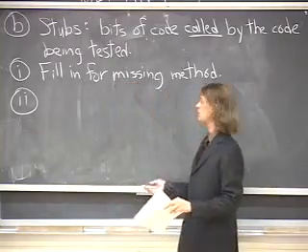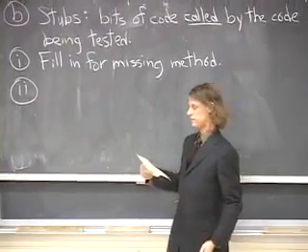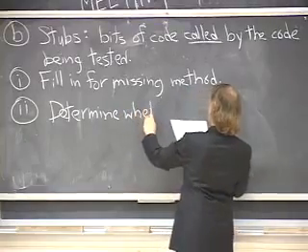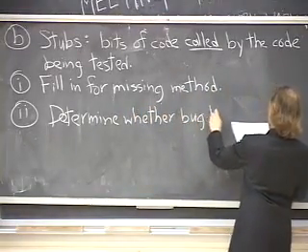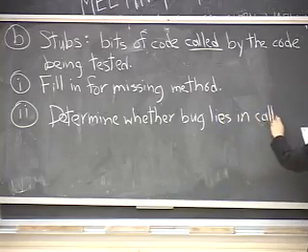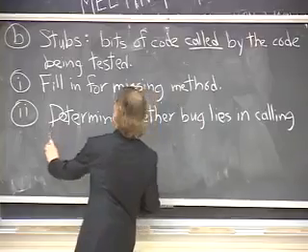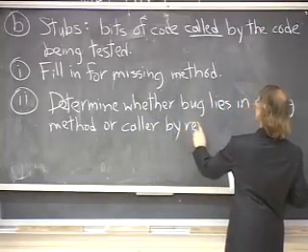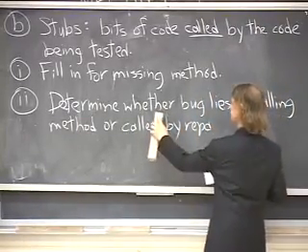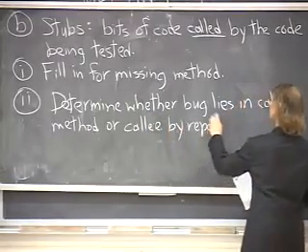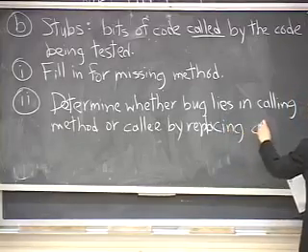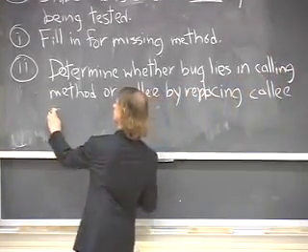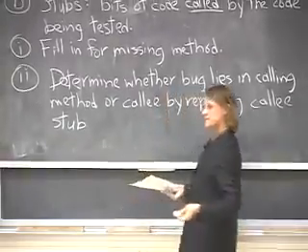And how can you figure that out? Well, one way you determine whether the bug lies in the calling method, or the caller, is by replacing the callee with a stub that's very simple and never returns a null pointer, but just returns something simple that's not a null pointer, for instance.